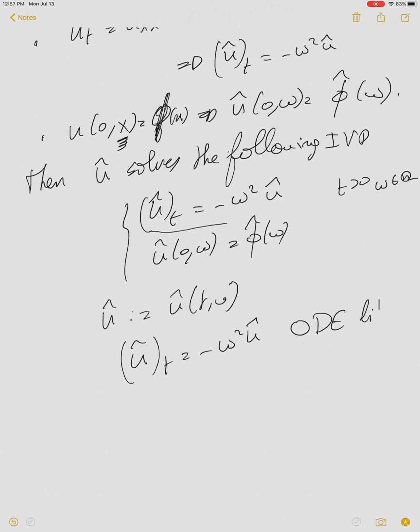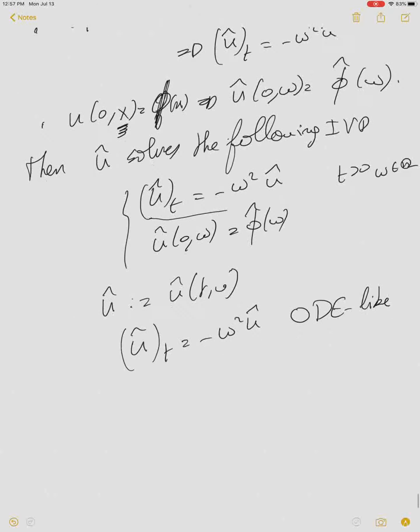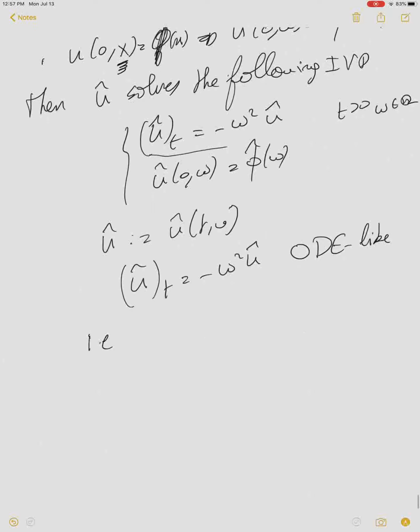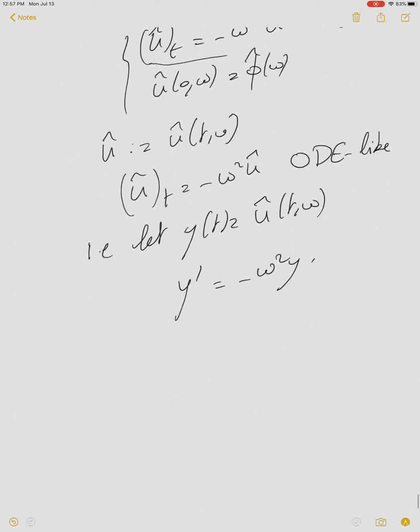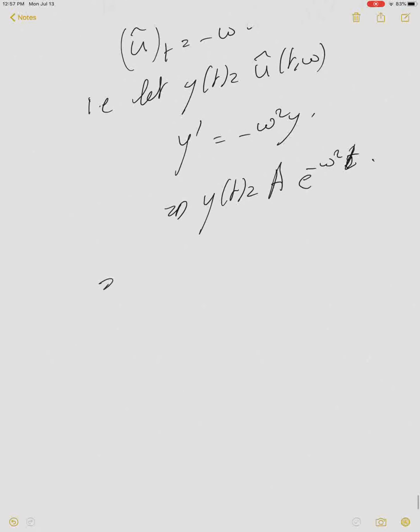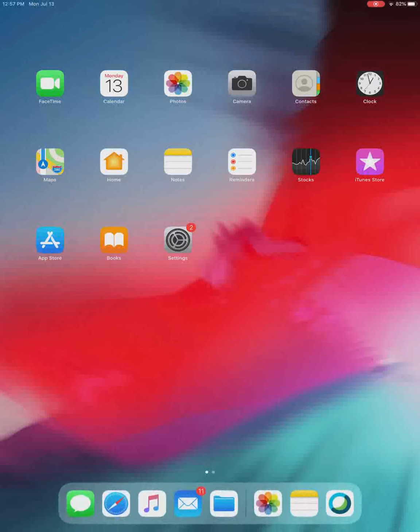This is ODE-like. I don't have differentiation with respect to omega. Let y of t be equal to u hat of t omega, then you get y prime equal minus omega squared y. But now omega is like a constant, so y of t you get here is a e to the minus omega squared t. And this implies u hat of t omega equals a e to the minus omega squared t, where a is a constant independent of t.